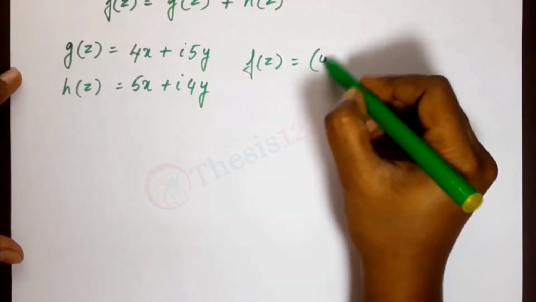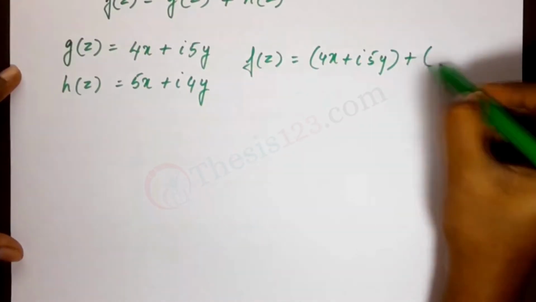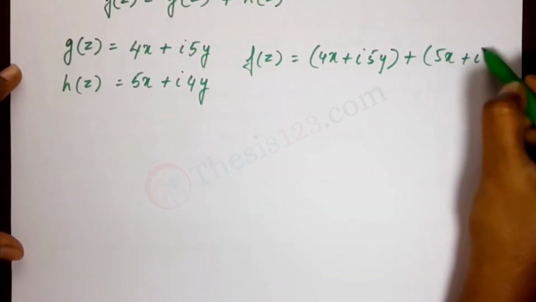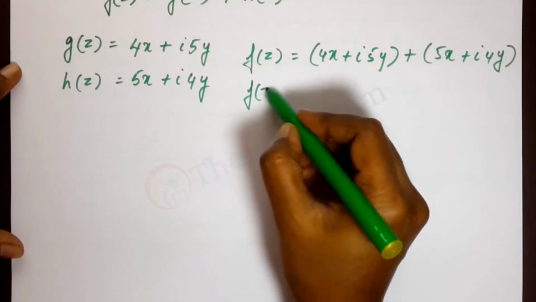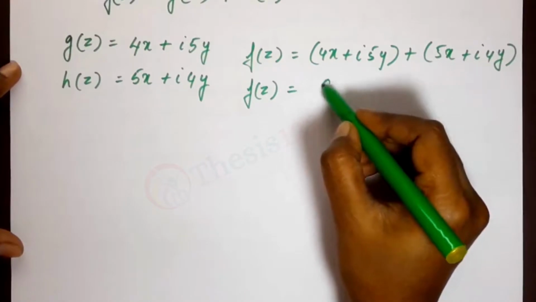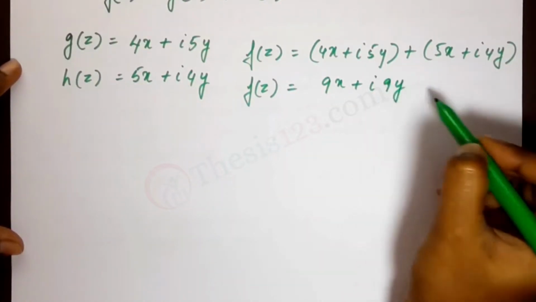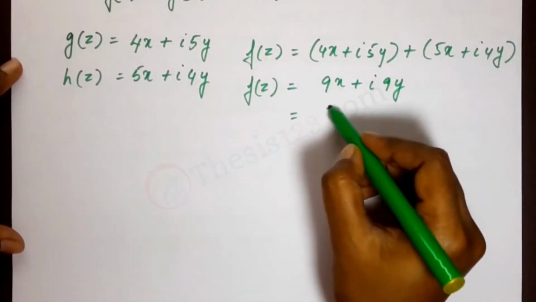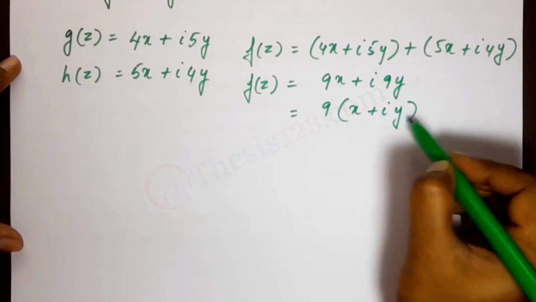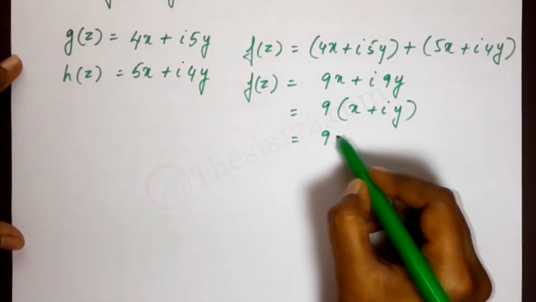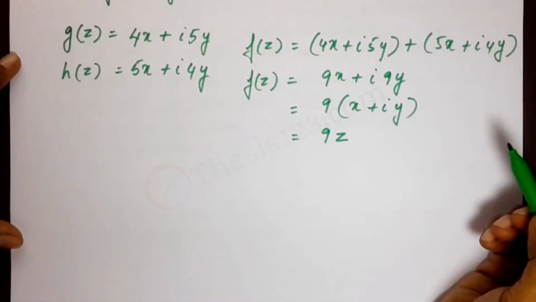So it's 4x + i5y + 5x + i4y. Now if we add them, we get 9x + i9y. We can write this as 9 times (x + iy), or 9z, where z is x + iy.